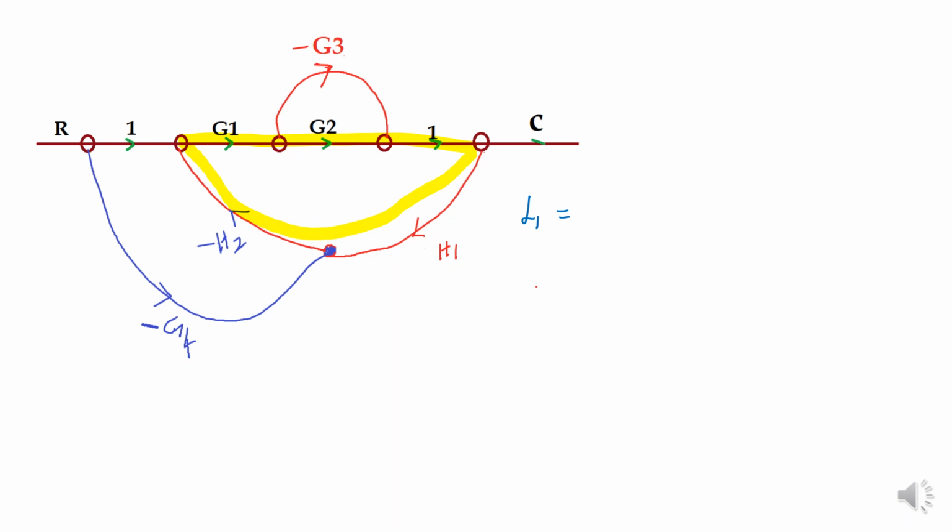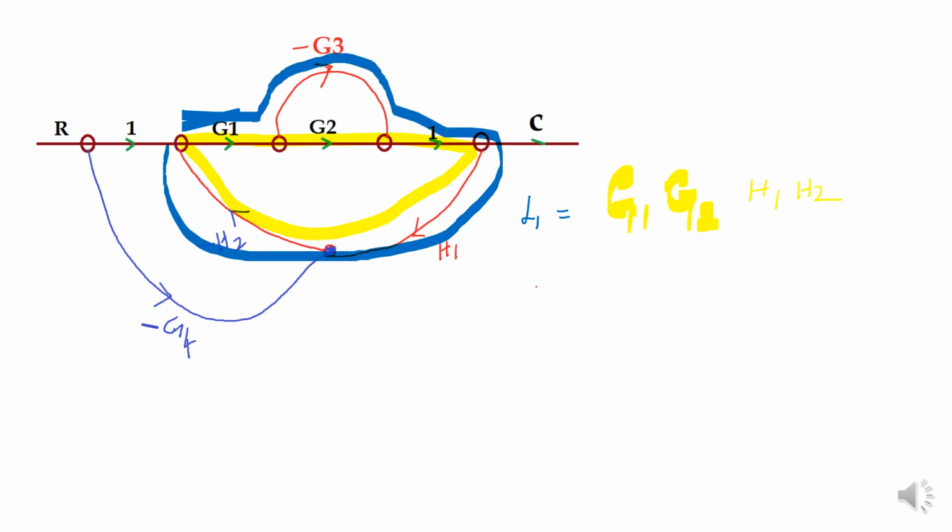That is G1, G2, H1, H2. And the next loop is G1 minus G3, H1, H2. That is also the next loop. So I have to mark the next loop G1, G3, the same H1, H2.